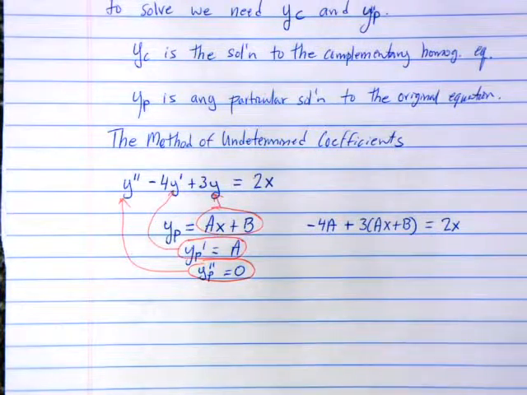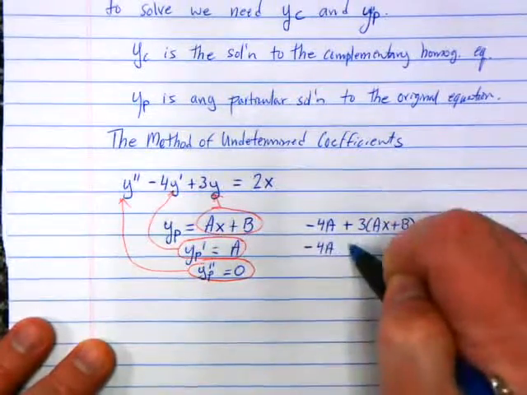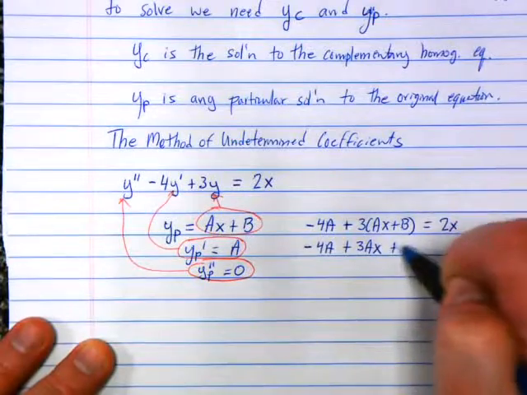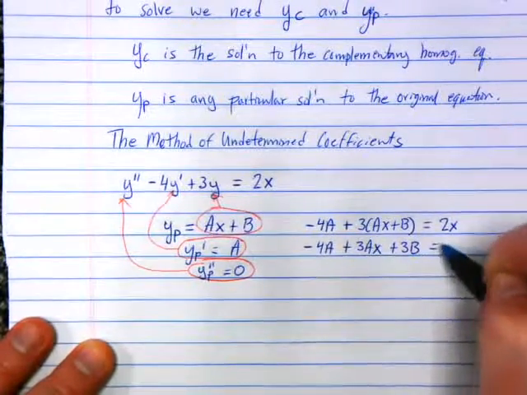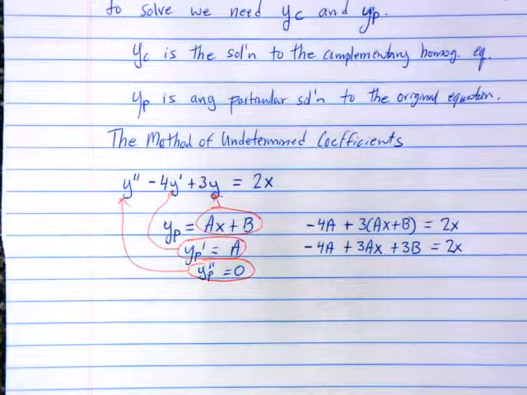All right, a little simplifying here. This is minus 4a plus 3ax plus 3b has to be 2x. Now what? Any thoughts? You equate the coefficients.